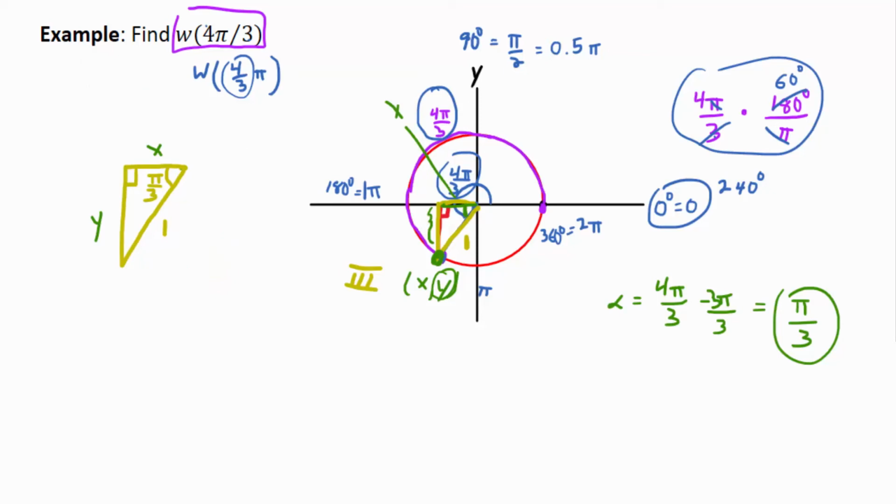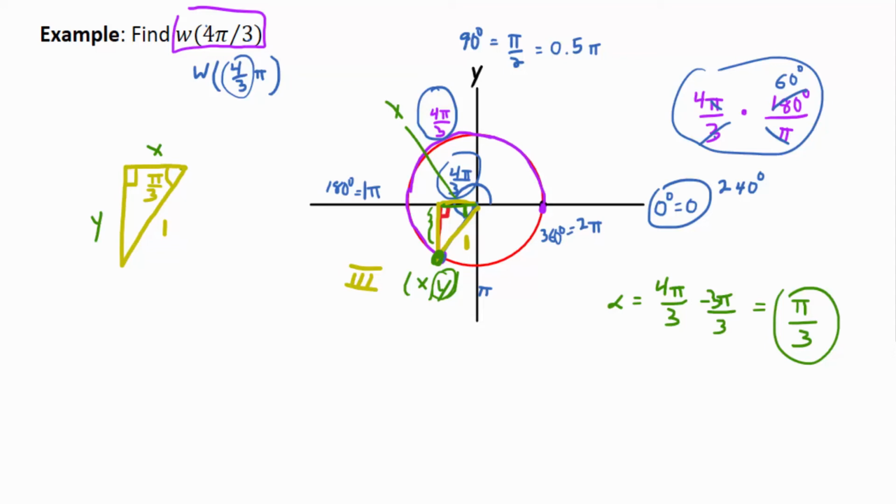Okay. What then would be x? Don't even think in those terms. What trig function unites the pi thirds and the x? X is adjacent to pi thirds. Cosine, the CAH part of SOHCAHTOA, right?